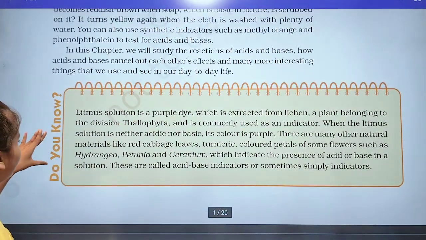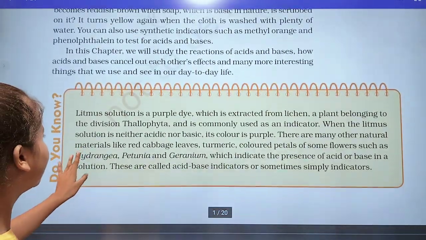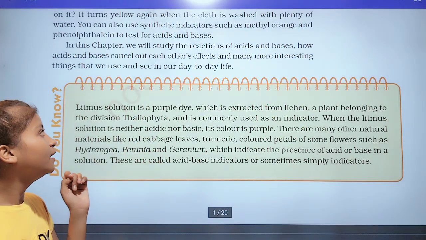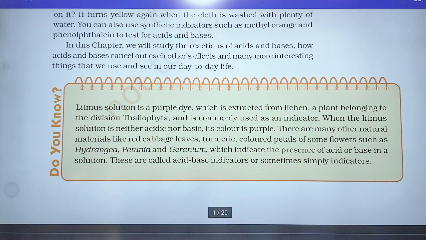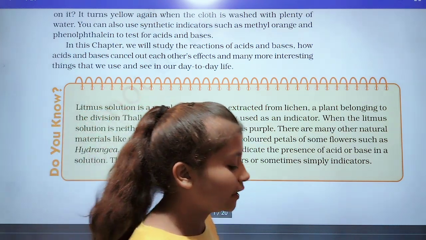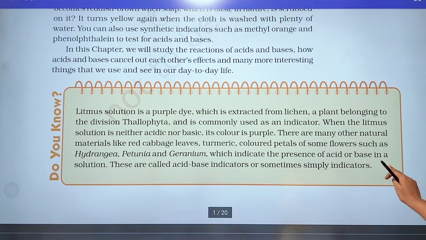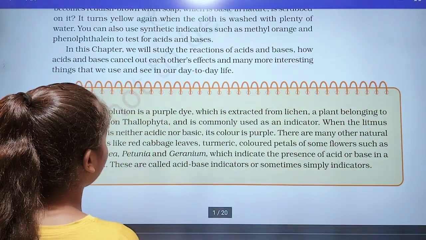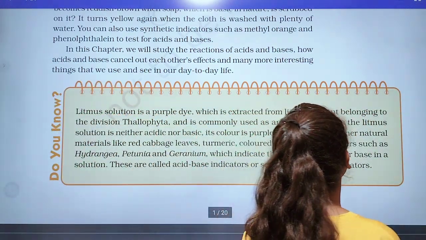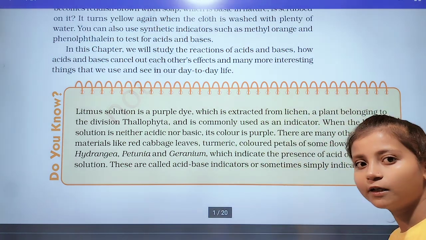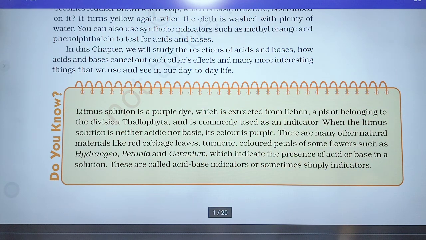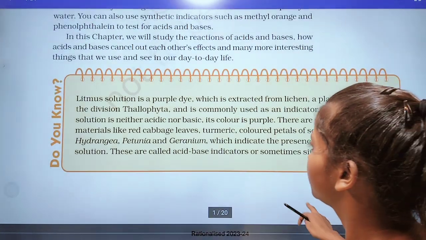Did you know that litmus solution is a purple dye which is extracted from lichen? You know what lichen is, I think you all know. It is a plant belonging to the division Thallophyta and is commonly used as an indicator. Thallophyta is a type of plant: Thallophyta, Bryophyta, Pteridophyta, Gymnosperm, Angiosperm.